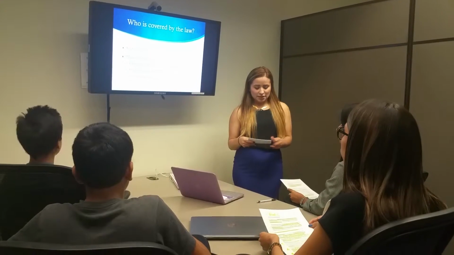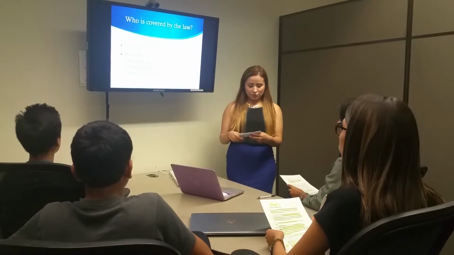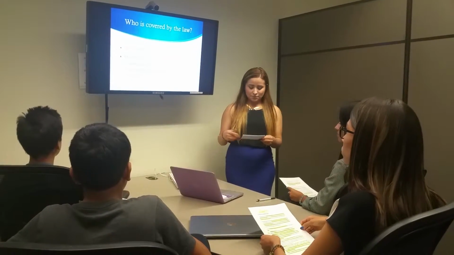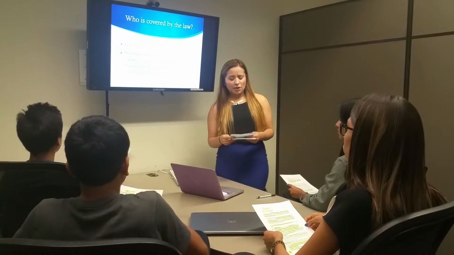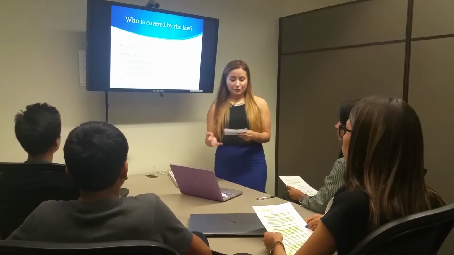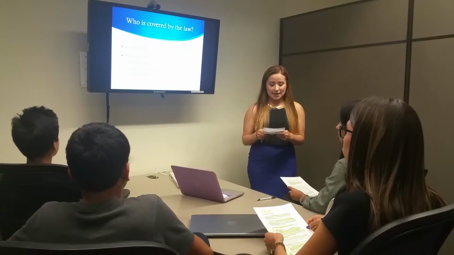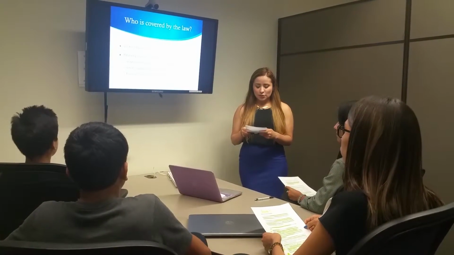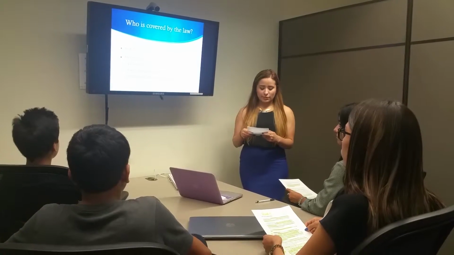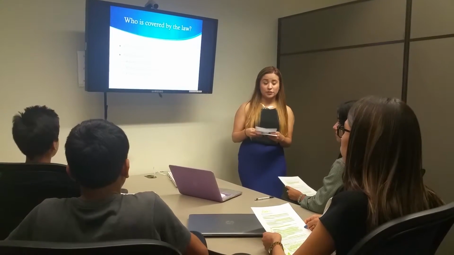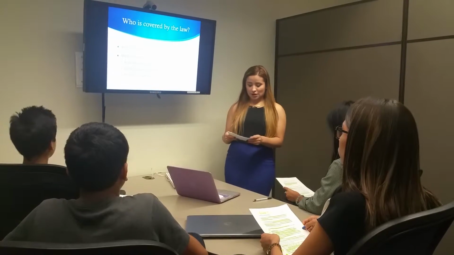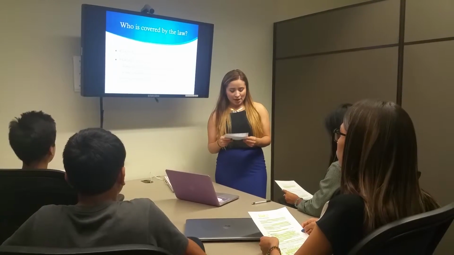The 1964 Civil Rights Act protects individuals from discrimination based upon sex. A quote from the Civil Rights Act: it is unlawful to fail or refuse to hire or discharge any individual, or otherwise to discriminate against any individual with respect to his or her compensation, terms, conditions, or privileges of employment because of such individual's sex. This is what we consider discrimination according to the Civil Rights Act.